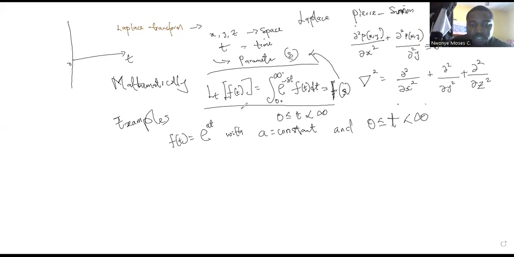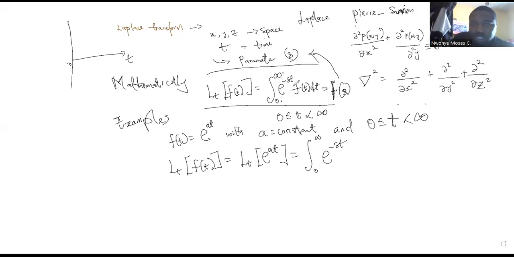The function is going to be here, so we're going to be talking about the L of f of t. In our case, this is L of e to the at. The function is exponential at. This is the function we're going to transform. So our t is from 0 to infinity. Now you have e to the minus s t, which is over here. Can you see? This is our general function, right?